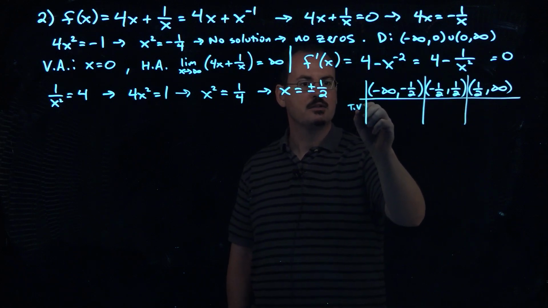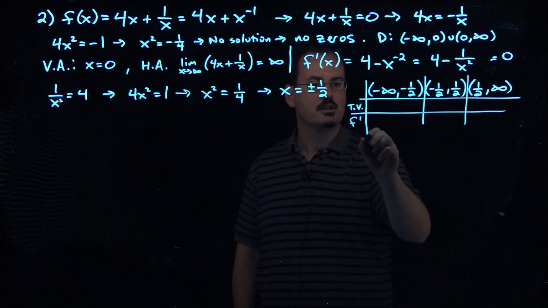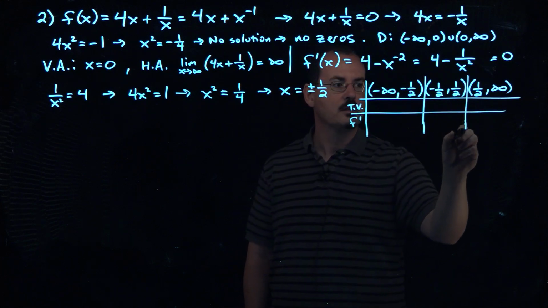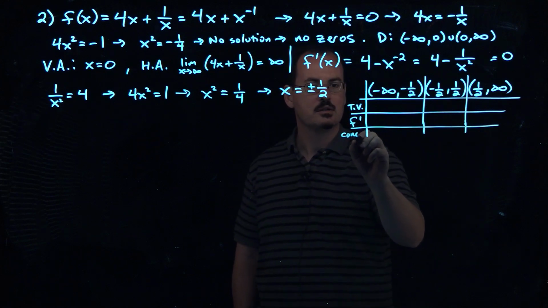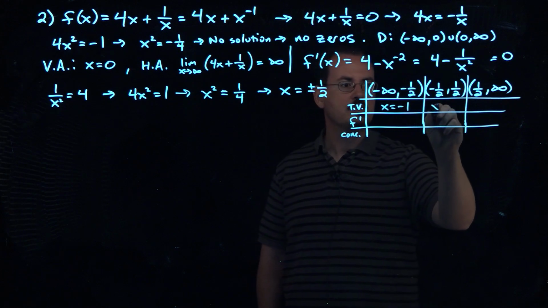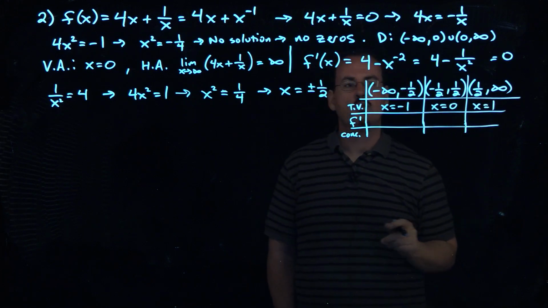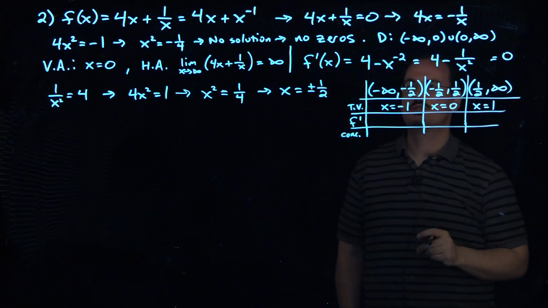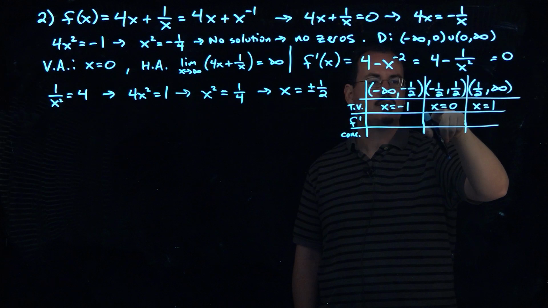So test values, the sign of the derivative, and what is our conclusion? Okay, so let's pick negative 1. Let's pick 0 for our test value and 1. Okay, so now again I want to just figure out what is the sign of the first derivative. Here is the first derivative right here, so let's just see what happens.